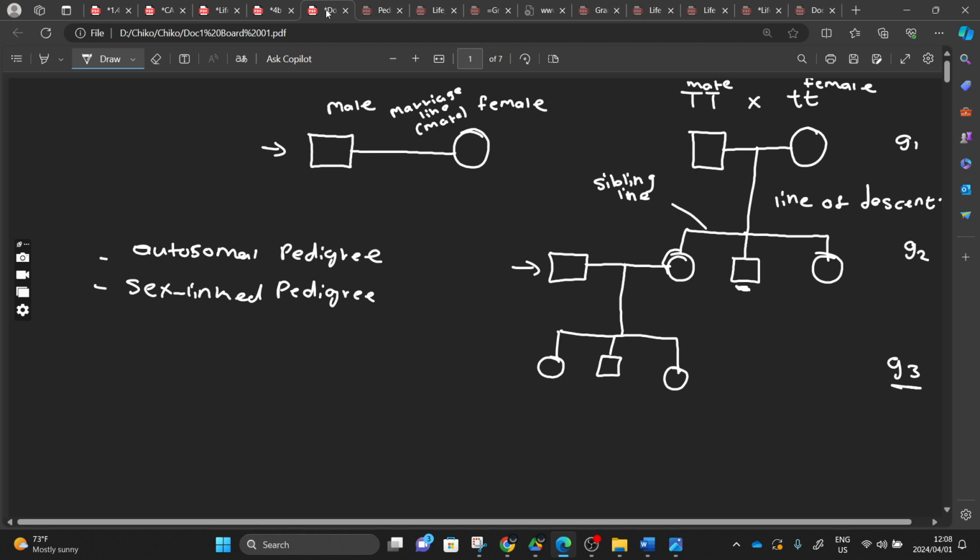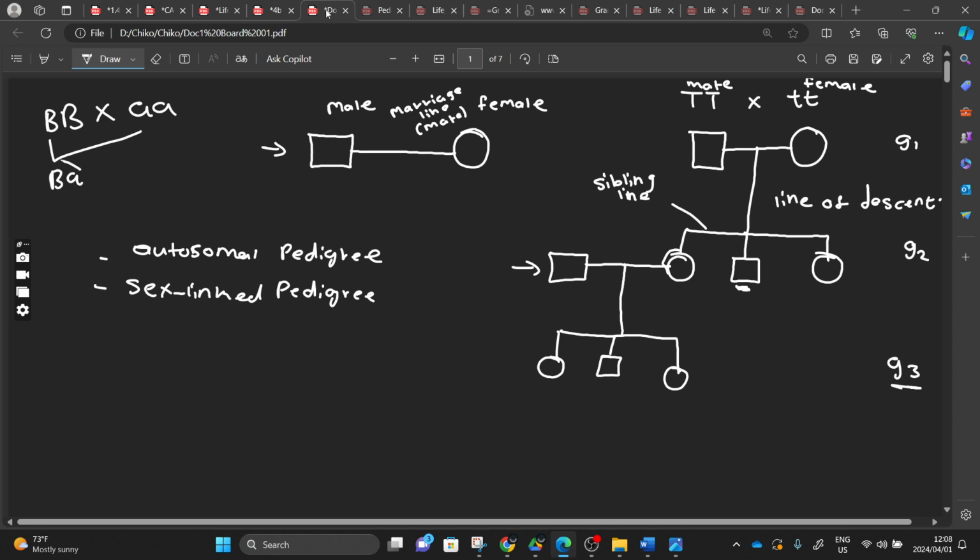With monohybrid, we can say a male figure with a black color was crossed with a female figure having a white color, B being dominant and A being recessive. And then their offspring are going to be B and this.